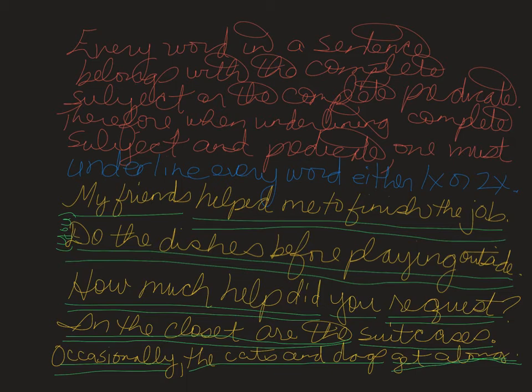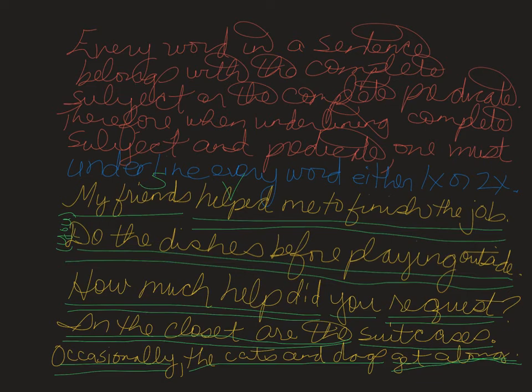Probably the easiest, my friends helped me to finish the job. So our simple subject is friends, all right? And our simple predicate is helped, okay? But then we need to find all the things that go with each of those words. My describes friends, so my friends is your simple subject.